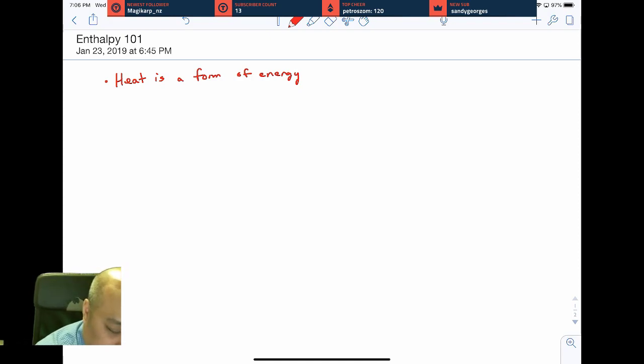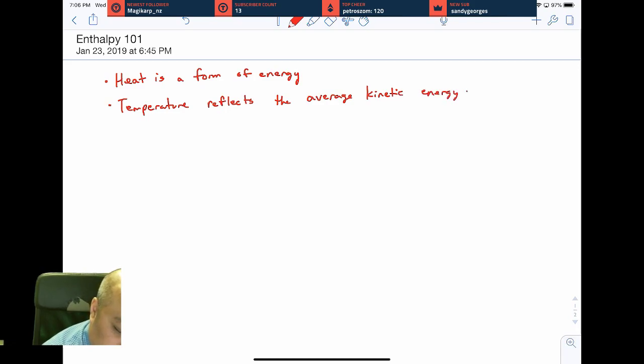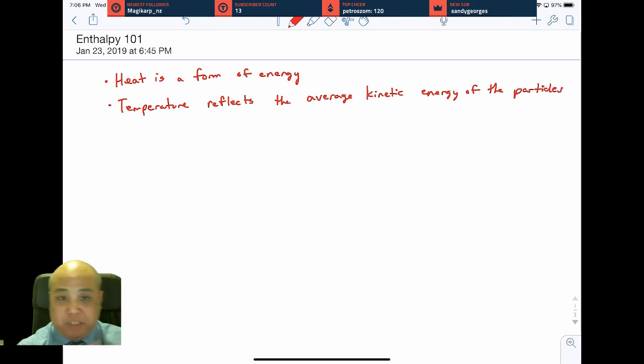And just a reminder, temperature reflects the average kinetic energy of the particles. So if the temperature goes up, the average kinetic energy of the particles also increases. We'll probably talk about that later on when we talk about Maxwell-Boltzmann curves, things like that.